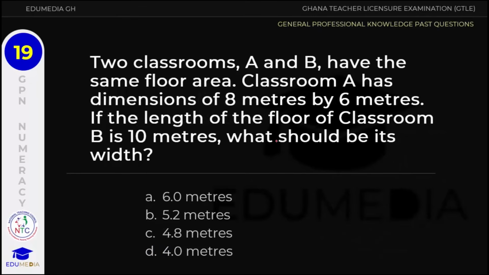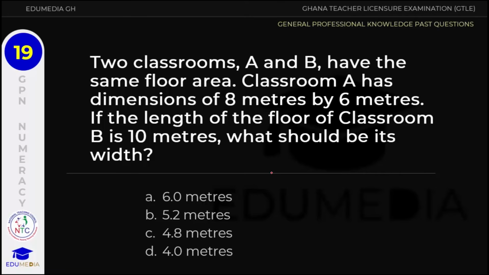2 classrooms, A and B, have the same floor area. Classroom A has dimensions of 8 meters by 6 meters. If the length of the floor of classroom B is 10 meters, what should be its width? For this question, preferably you can decide to draw a rectangle and then see how you can map it.